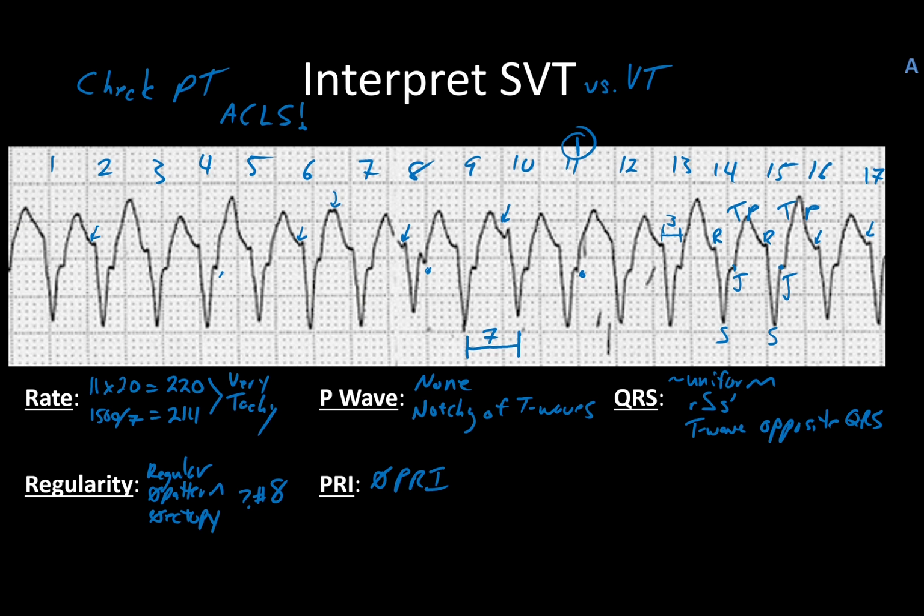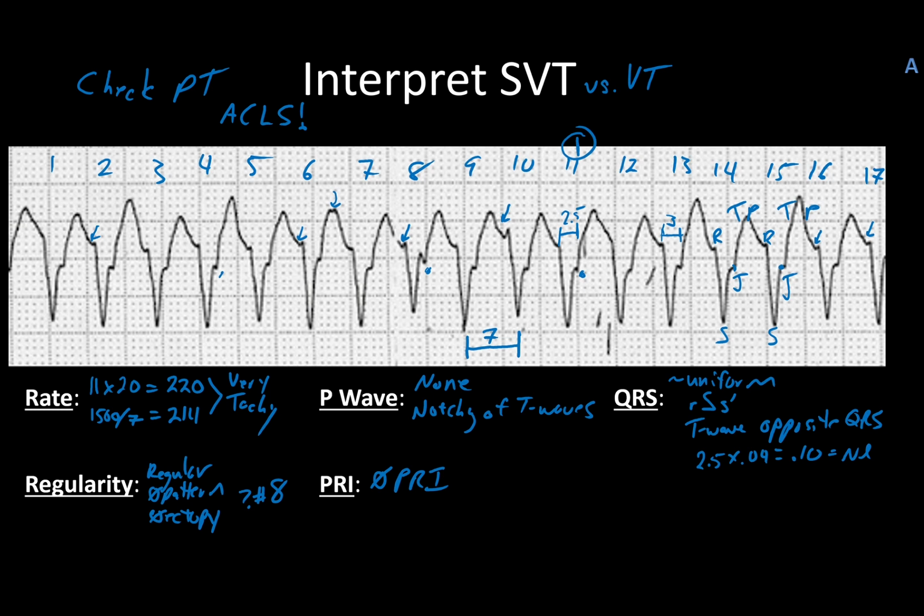We can measure another one just to try and confirm. This one's pretty good. In fact, that one's 2.5. So if we do 2.5 equals normal. So we actually have a normal width QRS despite how large it may look.